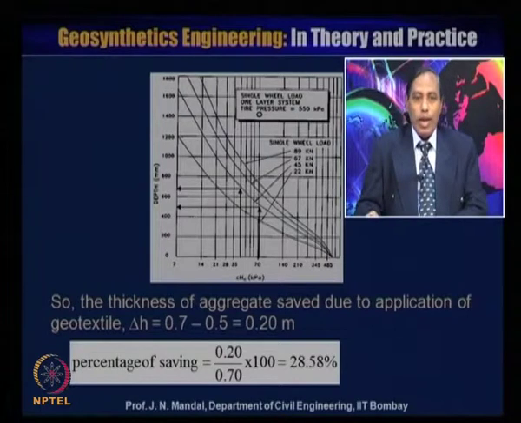So, the percentage of saving is 0.2 by 0.7 into 100, which is 28.58%. So you are saving about 29%. Quite a good amount of aggregate you are saving when you are using this geosynthetic material as a separation.